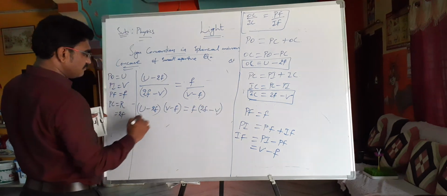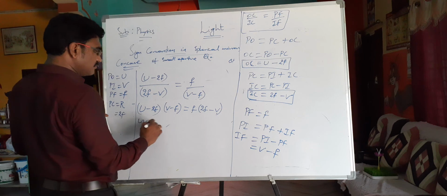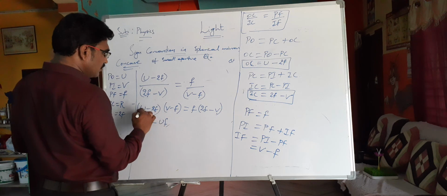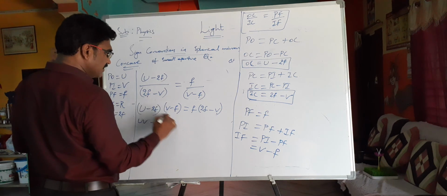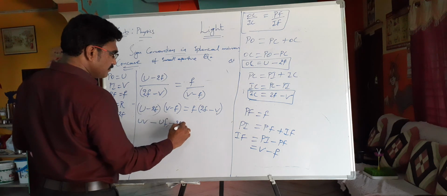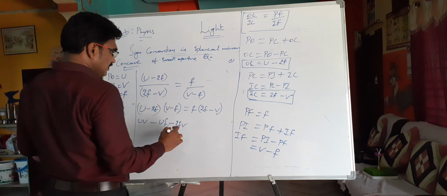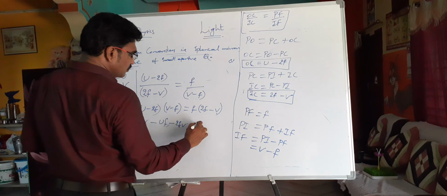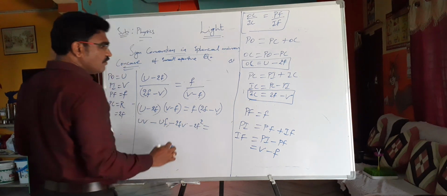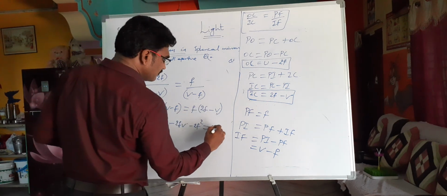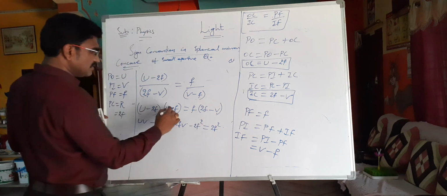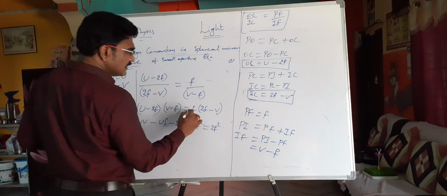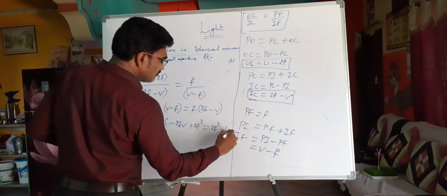Then I can say UV minus UF minus 2FV minus 2F square is equal to 2F square minus FV.